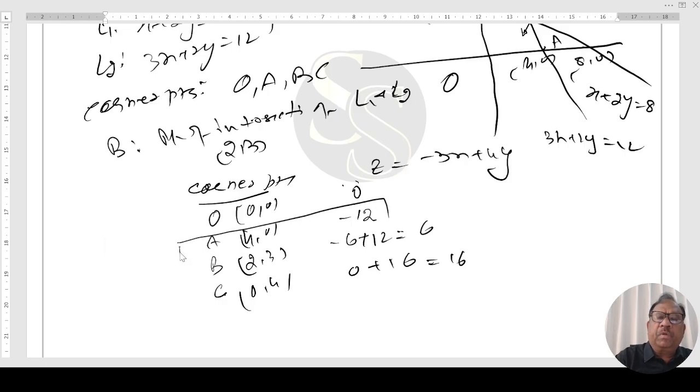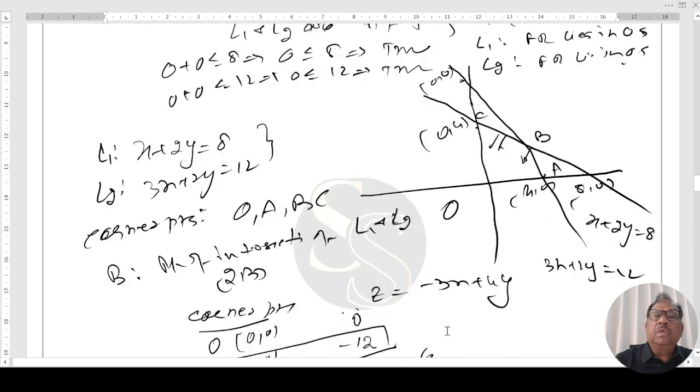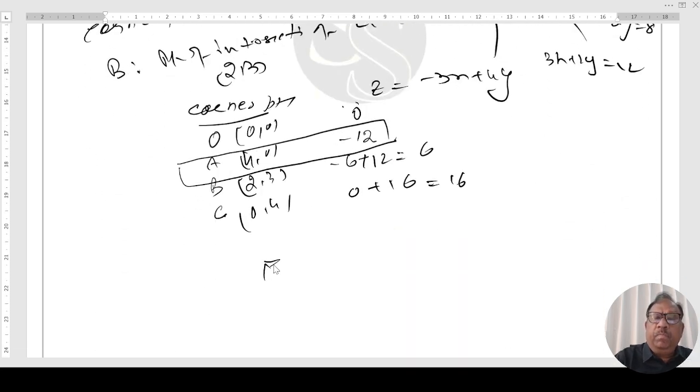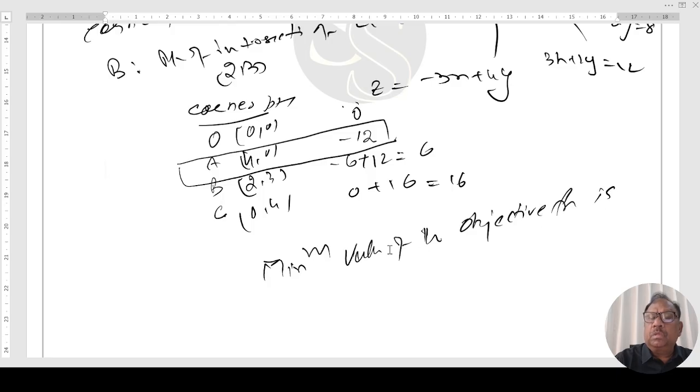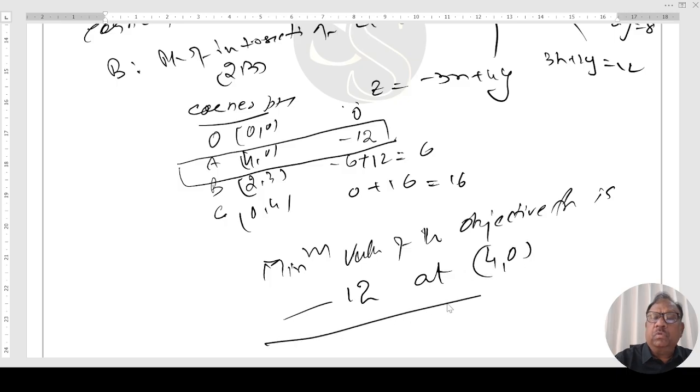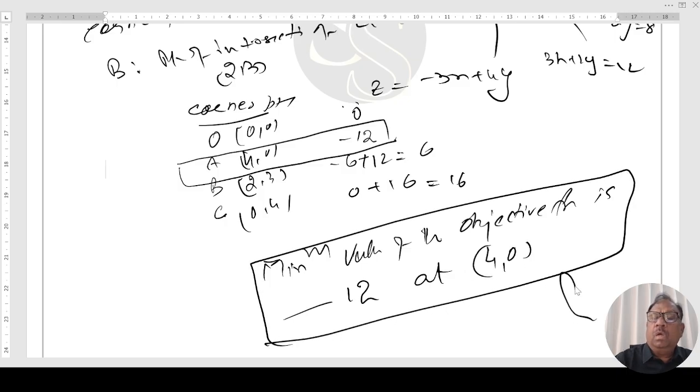To minimize the objective function, the minimum value of the objective function is minus 12 at 4 0. This is the answer. Right?